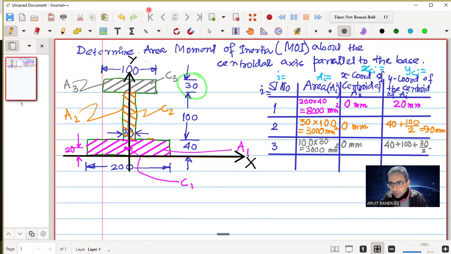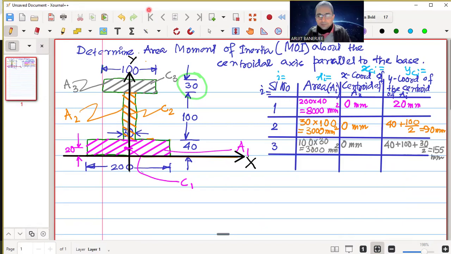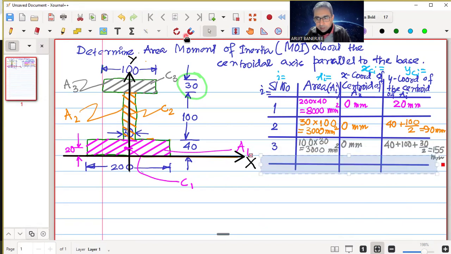So it is 155 millimeter. Now is it clear to all these dimensions? First of all, that should be clear. Okay.